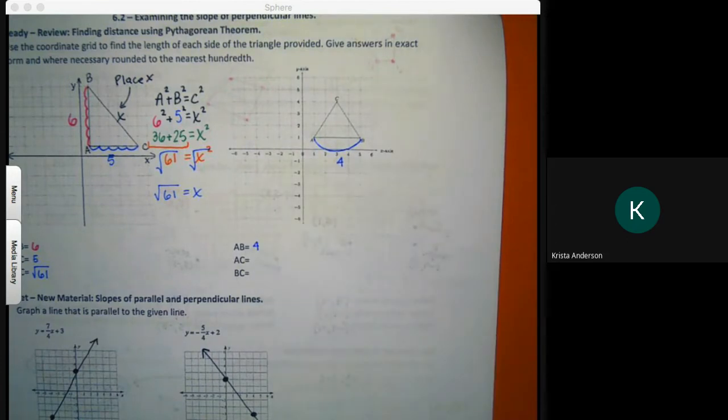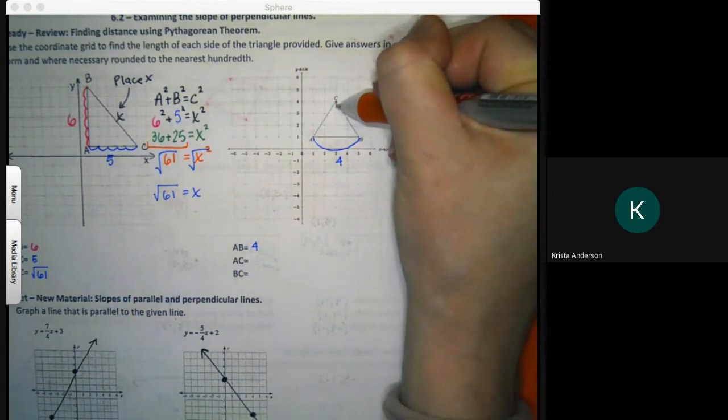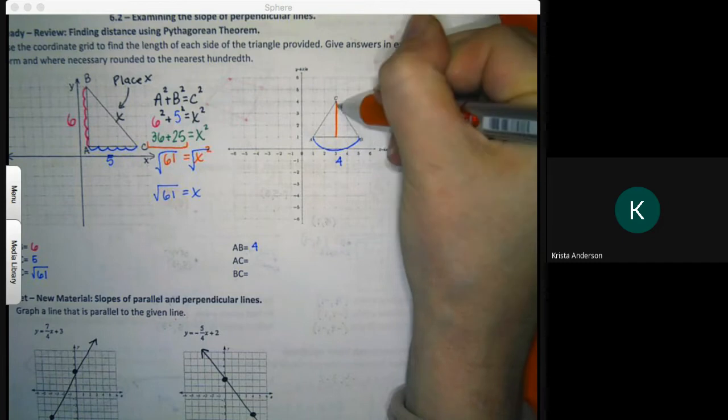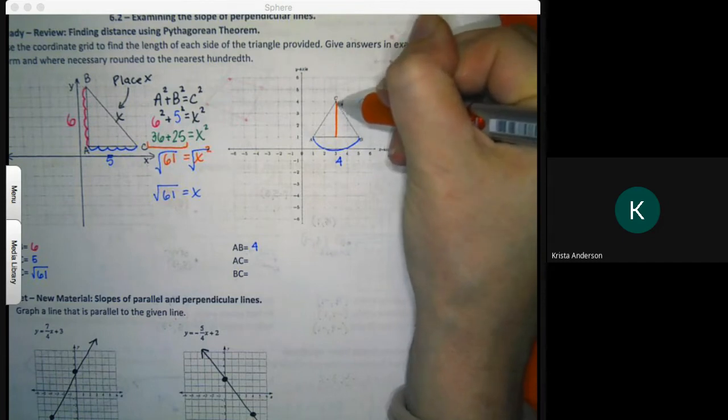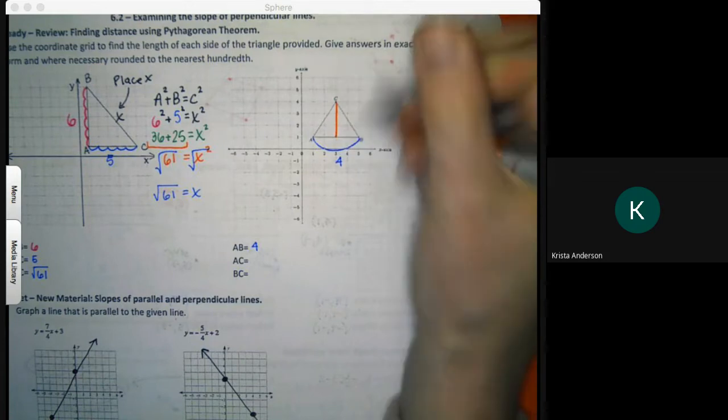Now, there is a little bit of a trick. If I draw the altitude down the middle, what is the length from C to the line? 3. Good.